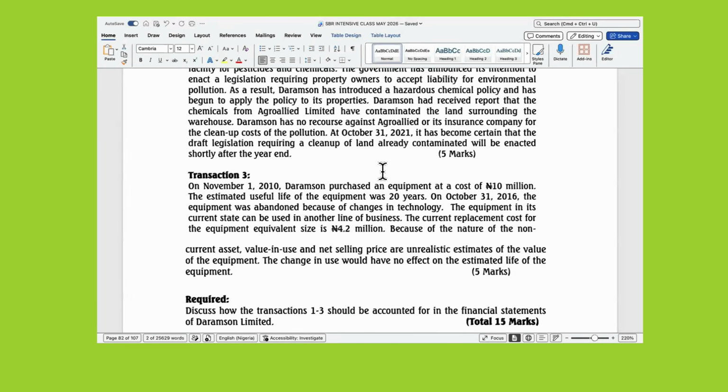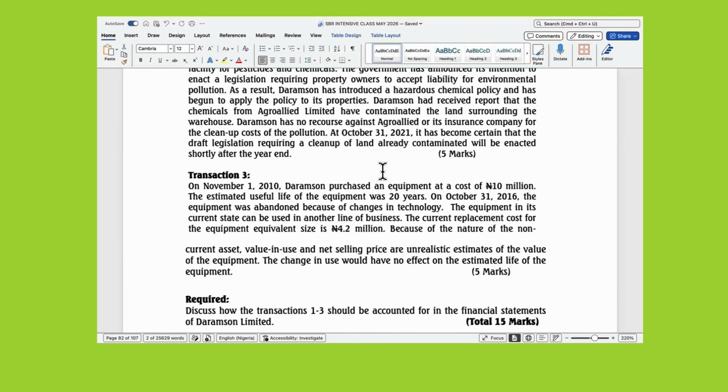So if the abandoned asset has no alternative use, just impair it. Either you're impairing it to 0 or you're impairing it to how much you can sell it. So the value becomes how much you can sell it. And at that point, it becomes a non-current asset held for sale.